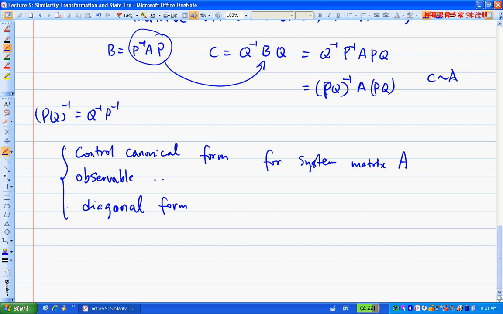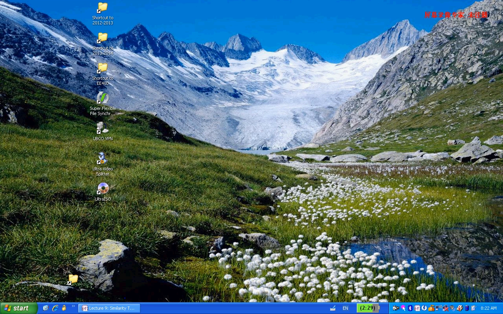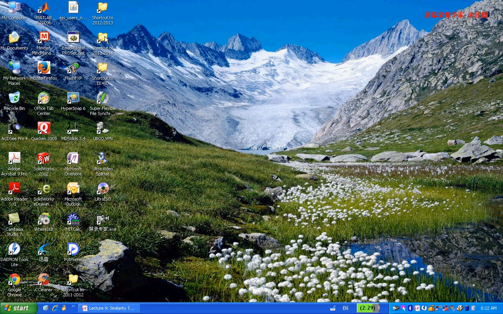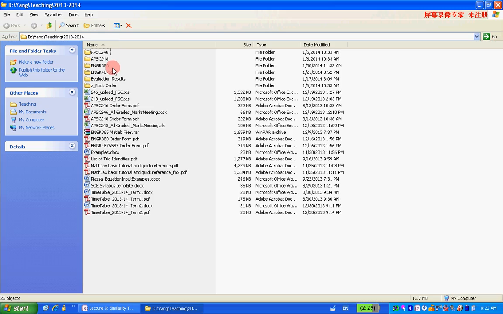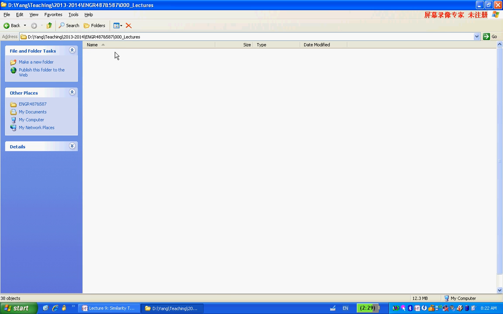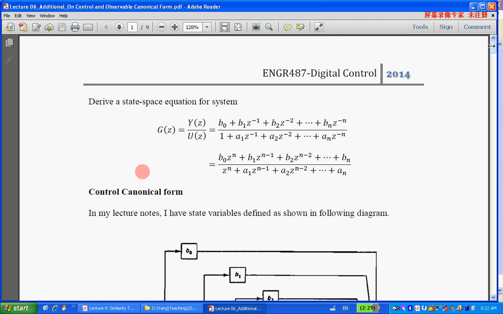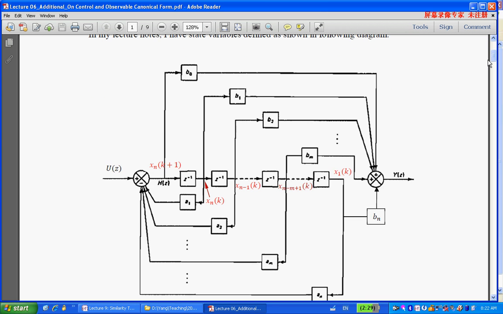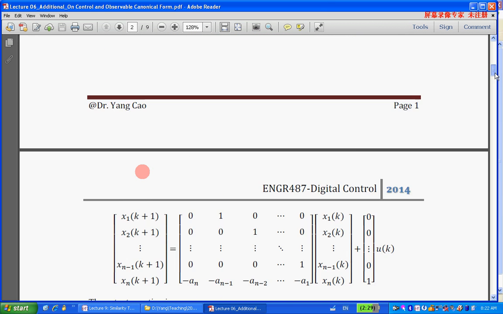Now the question here is, if the A can take up this many different formats, maybe I'll open up the lecture here. So when we draw this diagram, if you recall this diagram, what format did we end up with?